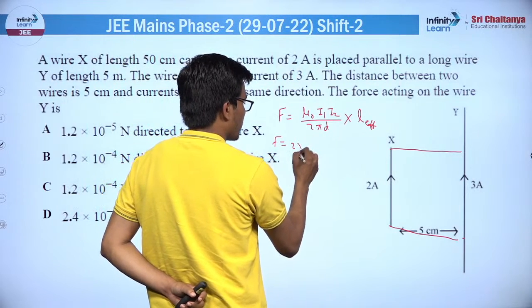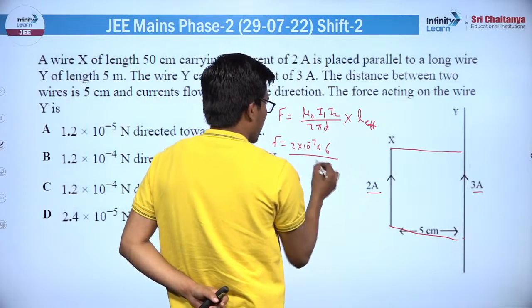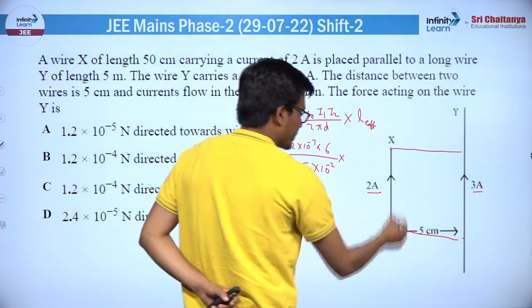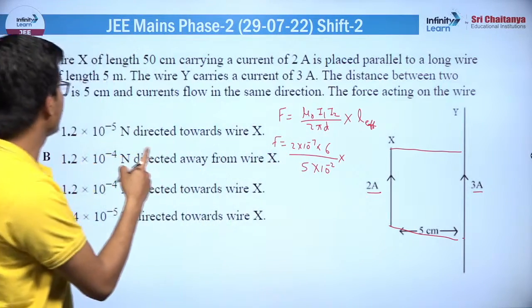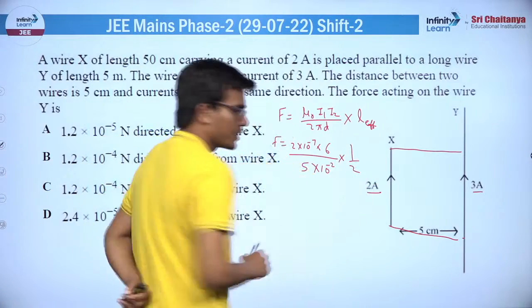Mu naught upon 2 pi will be 2 into 10 to the power minus 7, I1 and I2 will be 6, upon d, which is given to me as 5 centimeter, into the effective length, which is the smaller one, given to you as 50 centimeter, means half a meter, right?